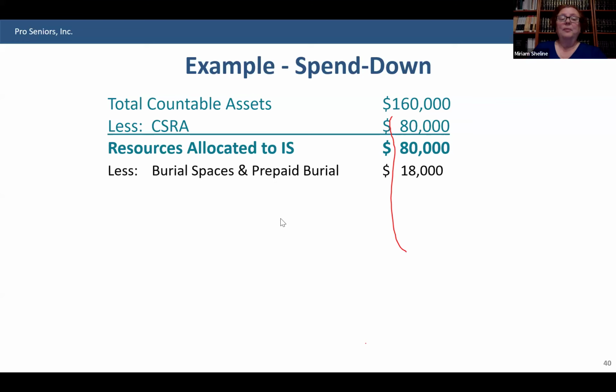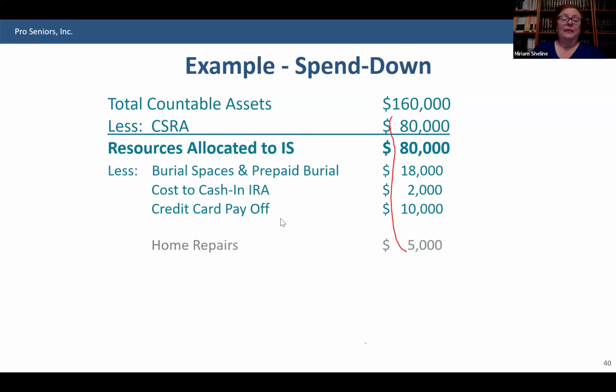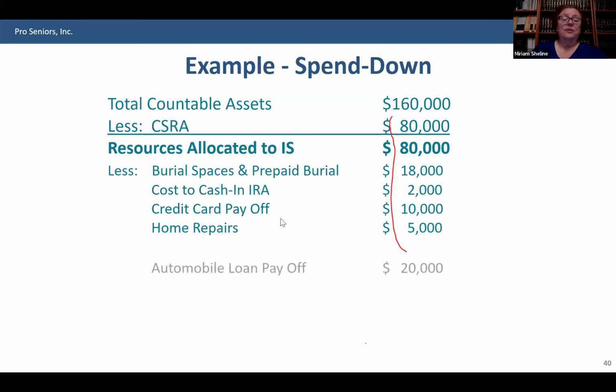So now we can prepay the burial spaces and prepaid burial contracts for both husband and wife. We had cashed in the IRA, so there's a cost to that. We pay off credit cards. We do some home repairs.